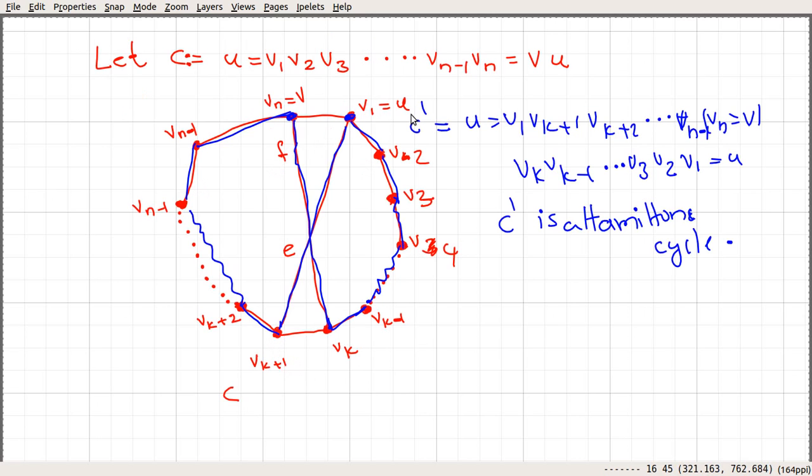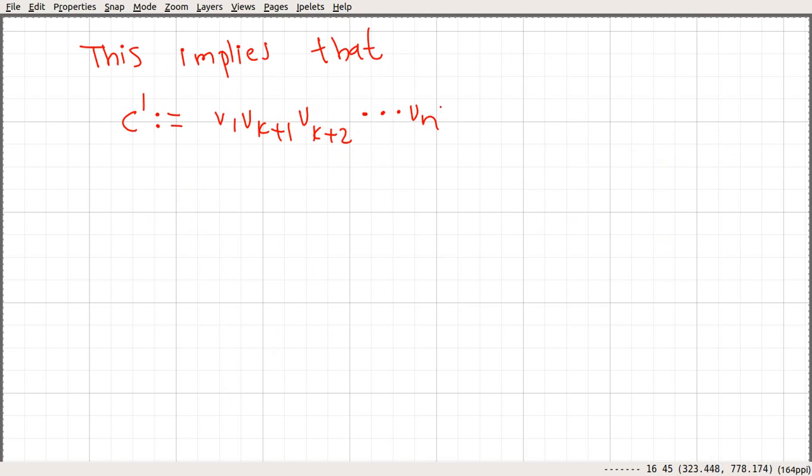Then use this edge and move to vk minus 1, from here move to vk minus 2, v2, v1.